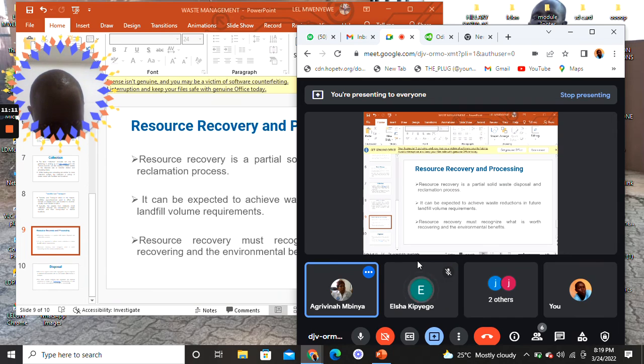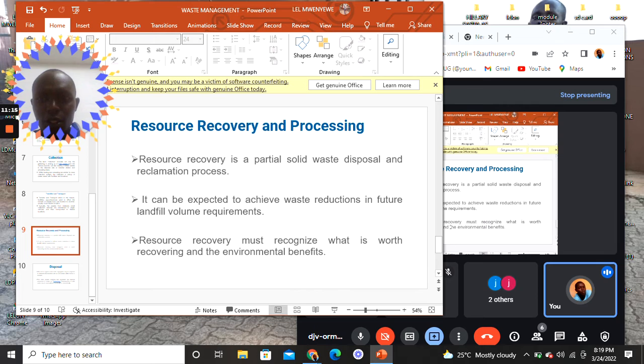Okay, let's wind up on resource recovery and processing. Resource recovery is a partial solid waste disposal and reclamation process.